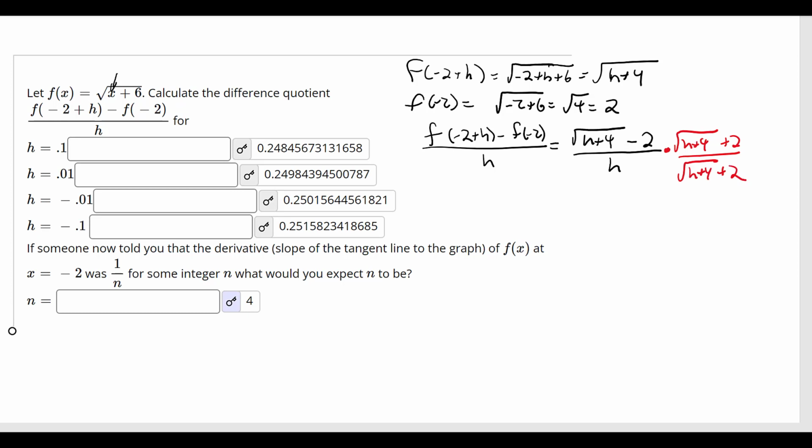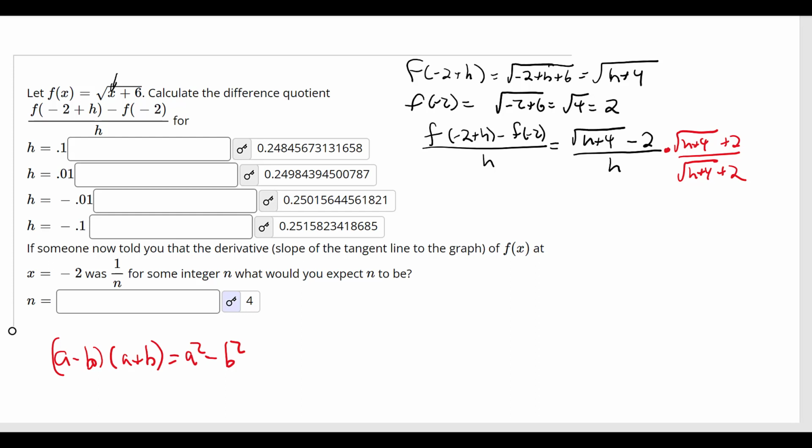So multiplying by 1, but in the numerator it's a sum and difference. Let me just give you a little side reference here. Just recall that a minus b times a plus b is a squared minus b squared. So it has the property of squaring out those radicals.